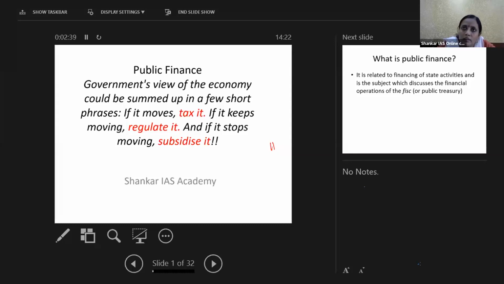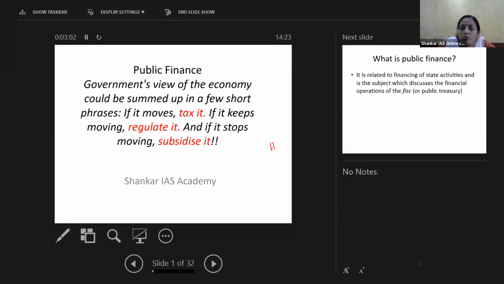So these are the three years for which the budget presents data: the upcoming year, called the budget estimate; the revised estimate for the current financial year; and the actual data for the completed financial year. I think with this we stopped the previous class.